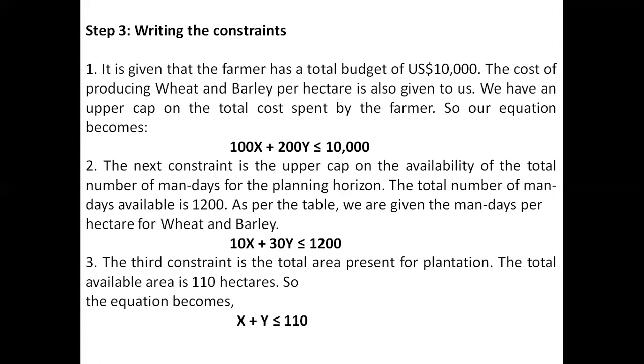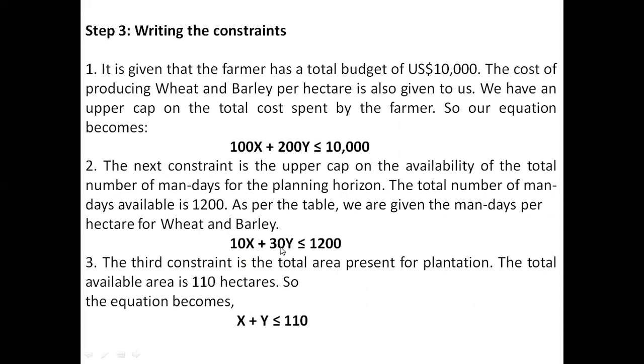And the second constraint here is the upper cap on the availability of the total number of man days for the planning horizon. The total number of man days available is 1200, but there is utilization of only 10 per hectare for wheat. X is equal to wheat here and y is equal to barley. Only 10 members for wheat production and 30 members for barley production. So out of this 1200 we are utilizing only 30 plus 10, 40 members on average.